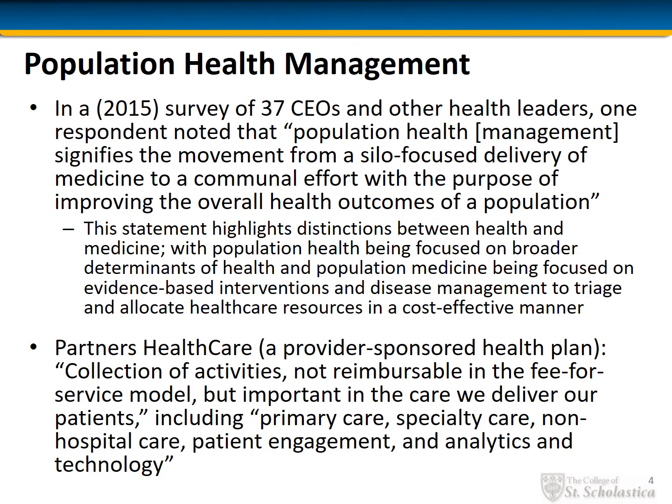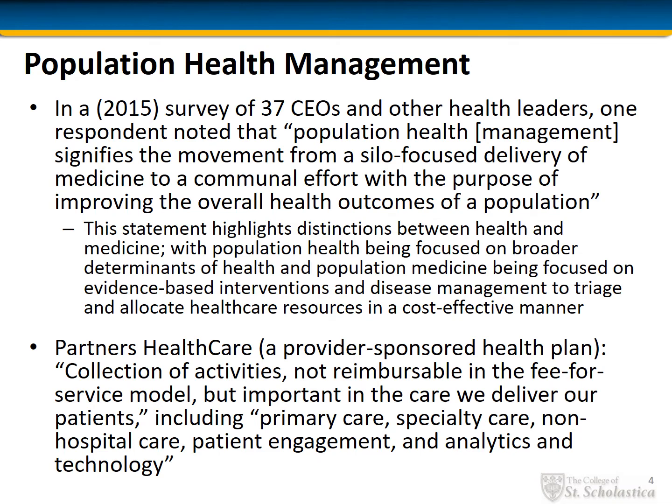In a 2015 survey of 37 chief executive officers and other health leaders, one respondent noted that population health signifies the movement from a silo-focused delivery of medicine to a communal effort with the purpose of improving the overall health outcomes of a population.